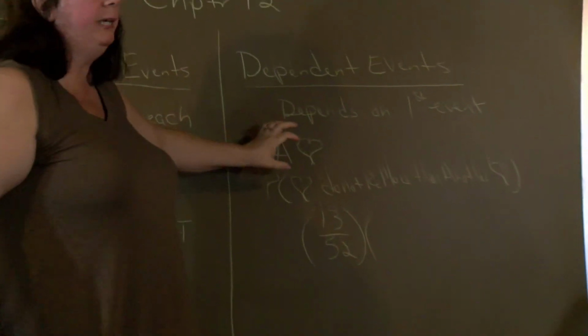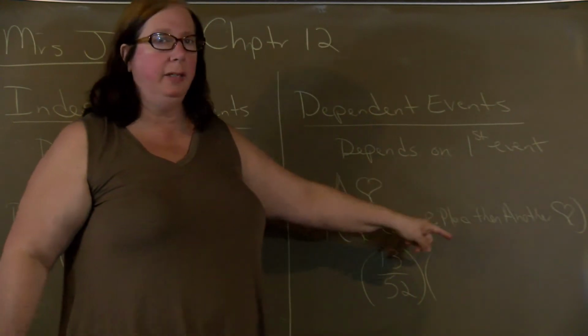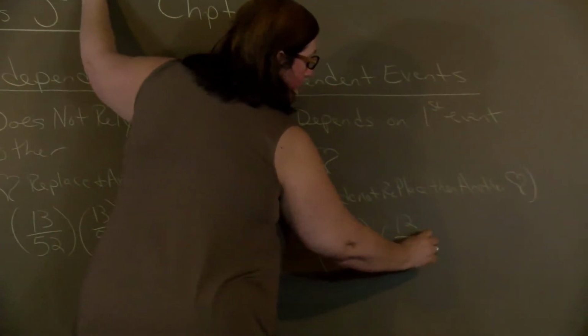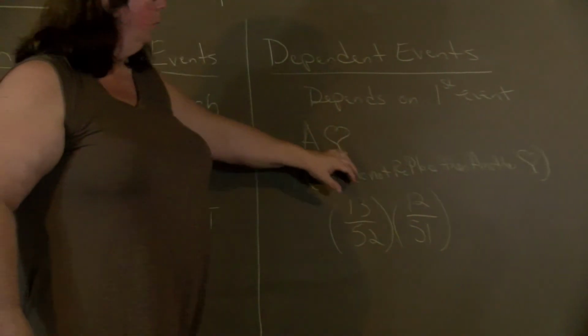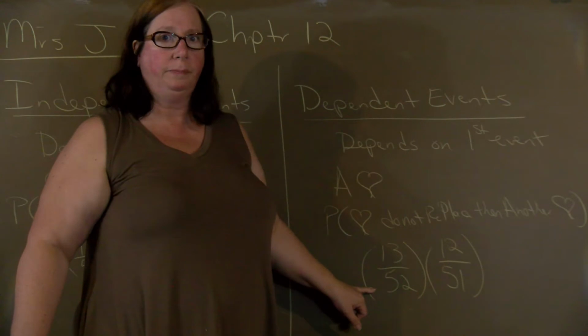But if we don't replace that heart, then when we go to pull the next one, there's not 13 hearts, there's only 12, and there's only 51 cards. So this probability depended on what happened here.